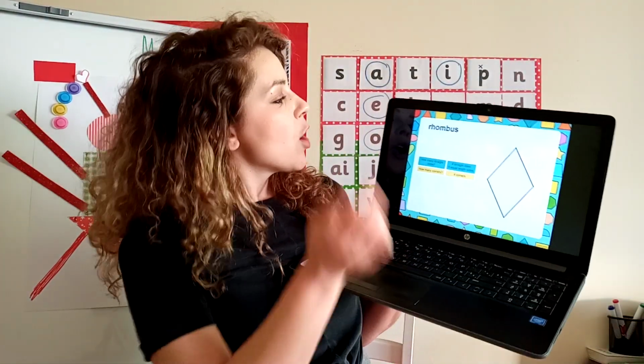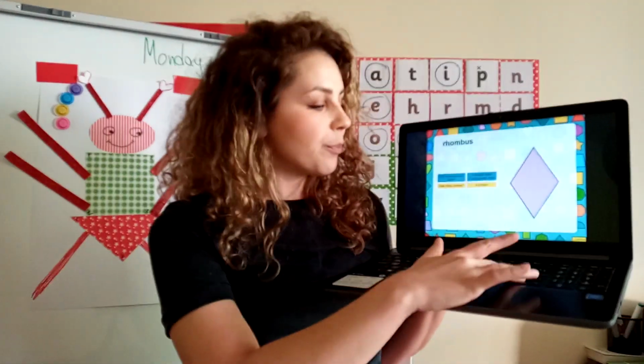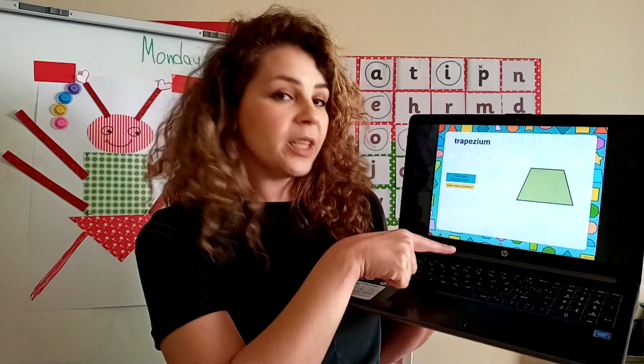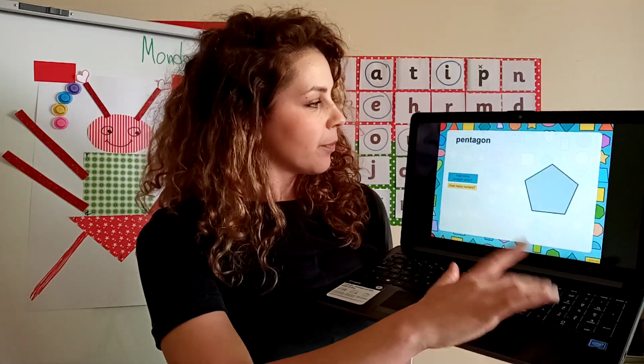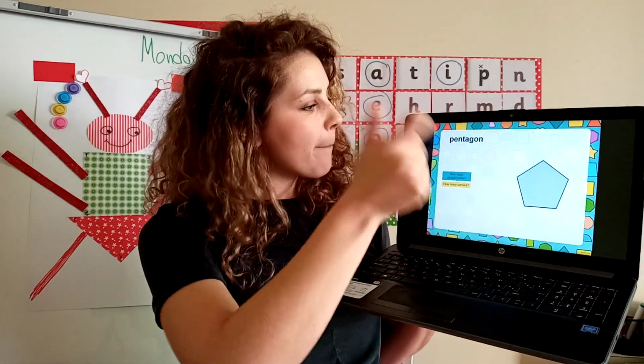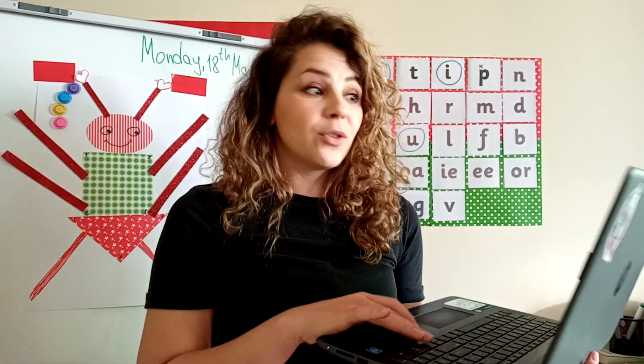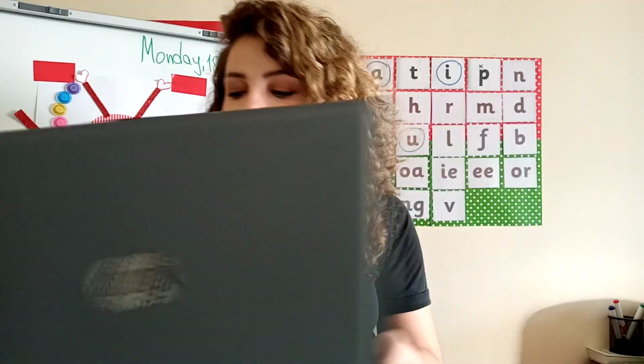One more time. Rhombus, or a diamond, trapezium, 5 sides, 5 corners, pentagon, and hexagon, 6 sides, 6 corners, okay? Let's focus on that, and then you have 3 more. If you want to learn extra, those are heptagon, octagon, and nonagon, okay?